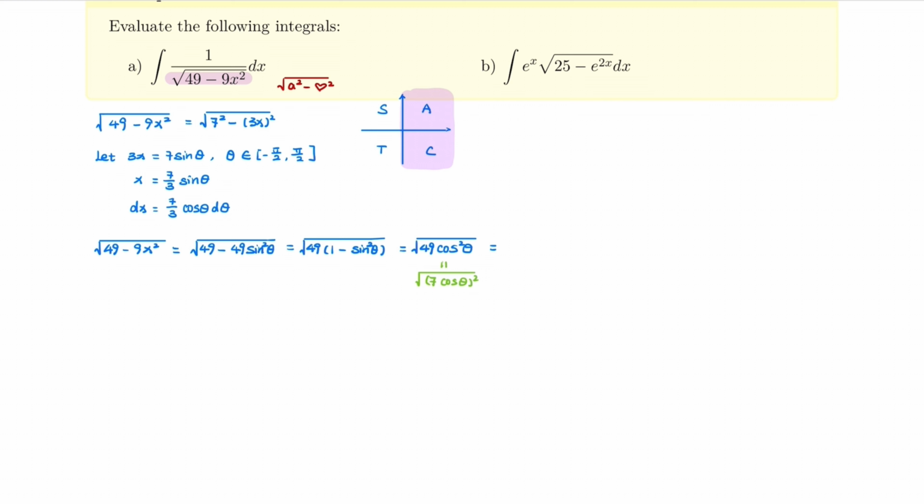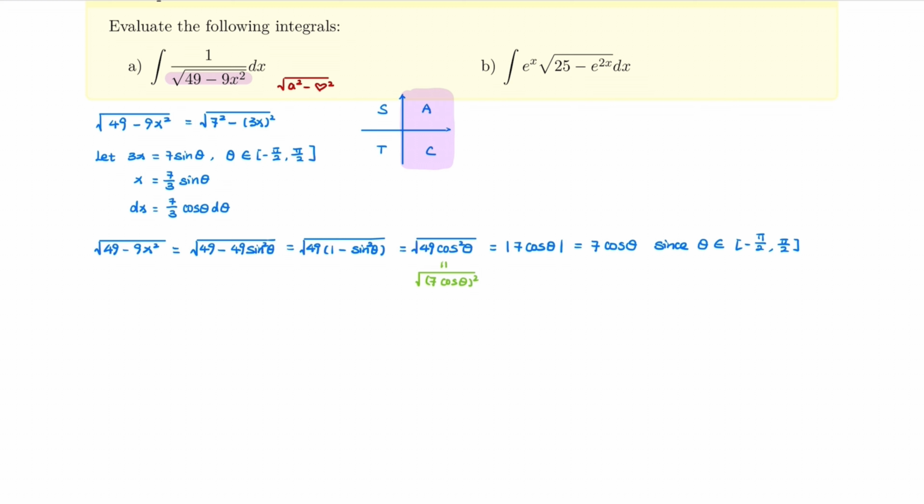This is equivalent to the absolute value of 7 cosine theta. Because I set theta in this range where cosine is positive, I can remove the absolute value directly. So this is basically 7 cosine theta.